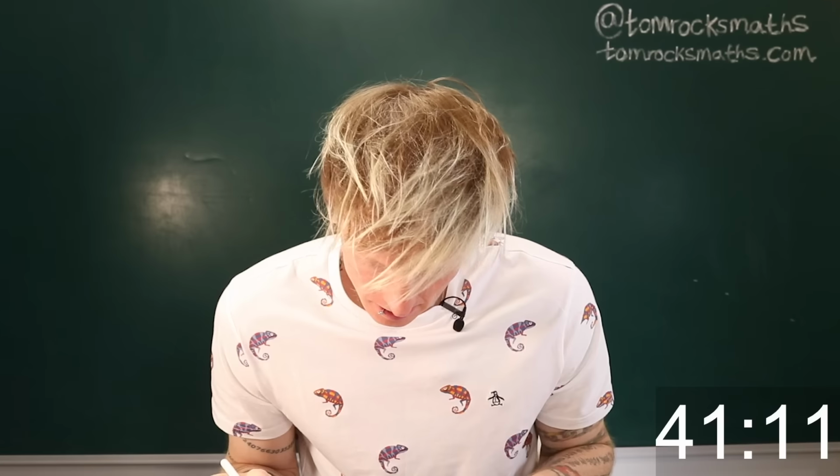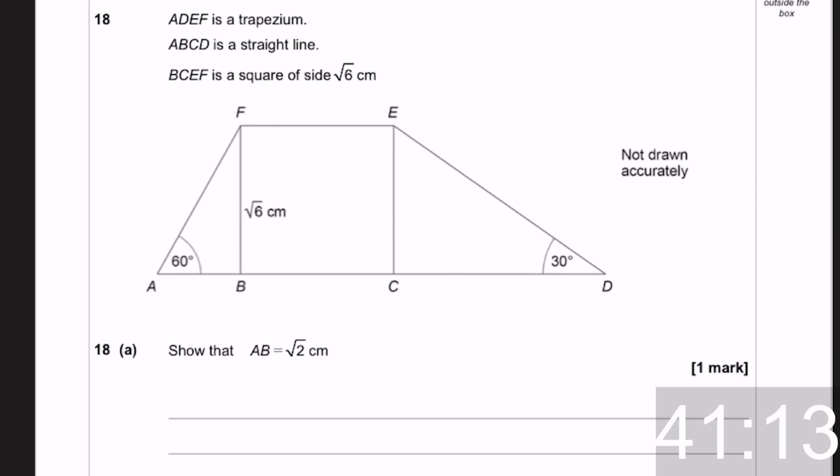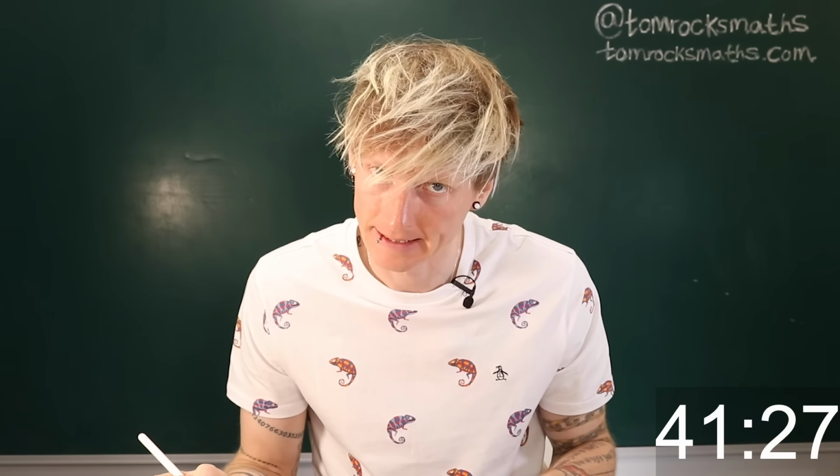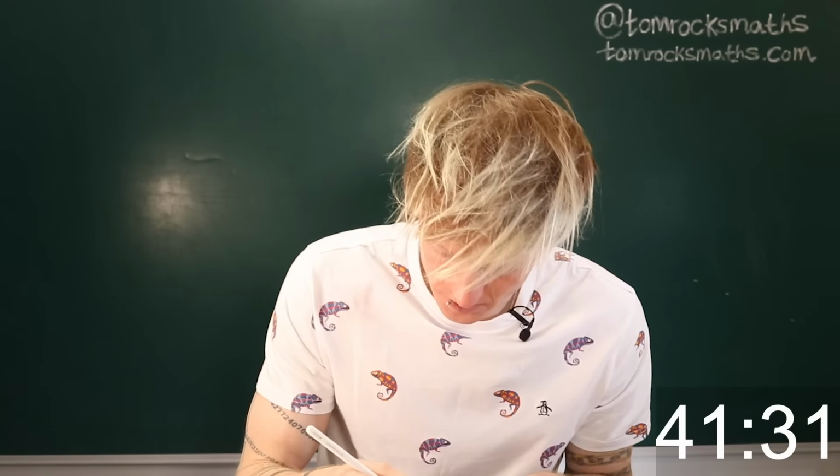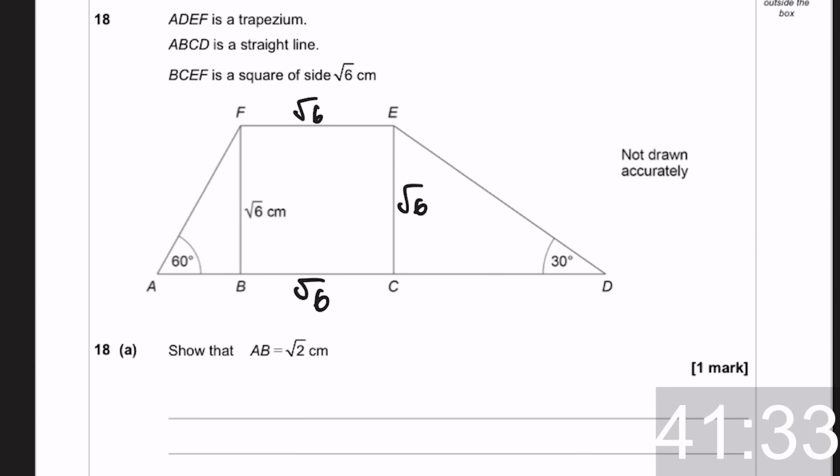Okay, trapeziums. ADEF is a trapezium. ABC is a straight line. BCEF is a square. Okay, so they're all root 6, root 6, root 6. So AB is root 2. Interesting. That's trigonometry. So I've got AB, the adjacent side, let's call it A. And I've got the opposite.